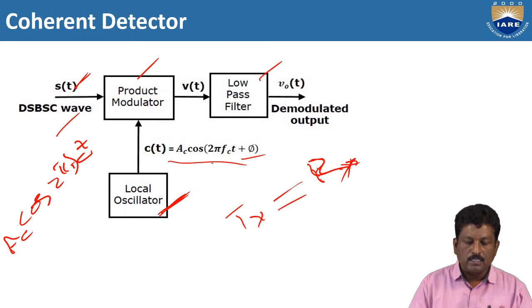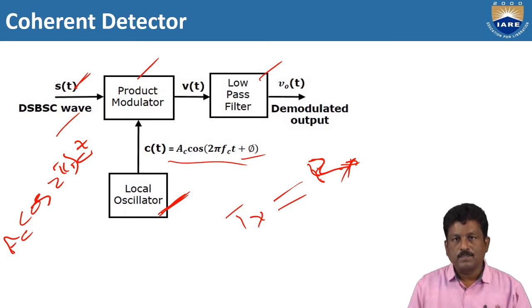So we get Ac cos(2π fc t + φ), where φ is the difference between the carrier signal c(t) originally used at the transmit side and the one generated by the local oscillator. This is because of the tolerance of the electrical components, resistor, inductor and capacitors, and the temperature effect from outside or inside the circuit. So we cannot generate the exact carrier c(t) equal to Ac cos(2π fc t); we only get Ac cos(2π fc t + φ).